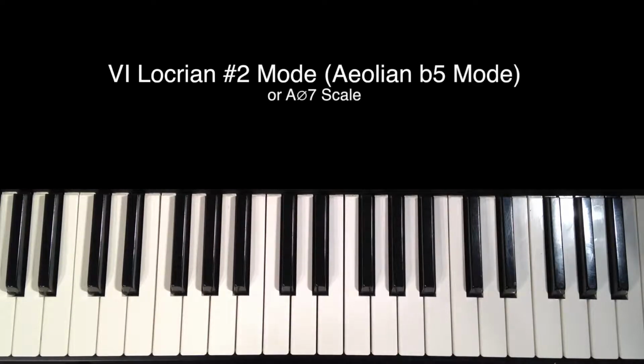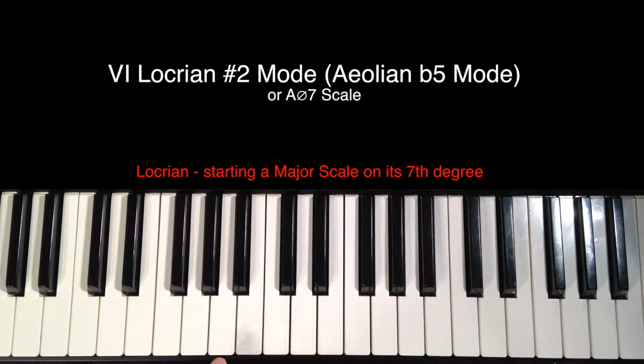Next, the sixth mode is called the Locrian sharp 2, sometimes called the Locrian natural 2, and it's also called the Aeolian flat 5 mode, or an A half diminished scale. In the case of the Locrian natural 2, Locrian means starting on the 7th degree of a major scale.